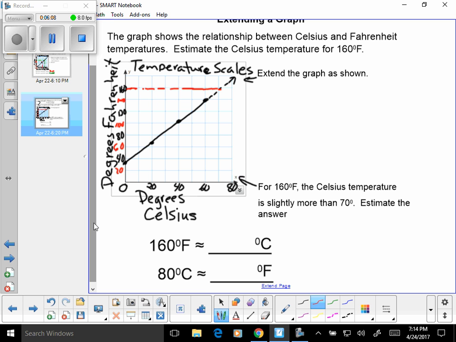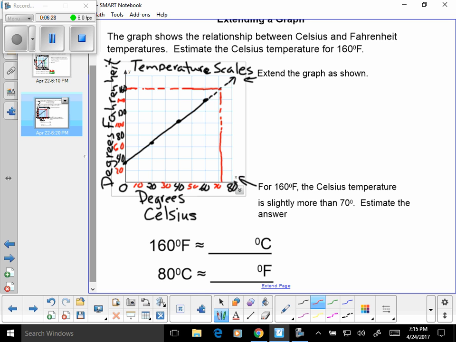And then, again, using a ruler helps to bring it down here. Now, if I look at my horizontal axis or horizontal scale, this would be 10, this would be 30, 40, 50, 60, 70. And you'll notice that it's a little bit more than 70.